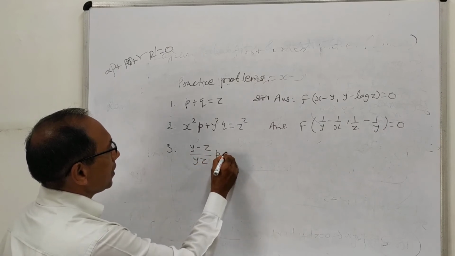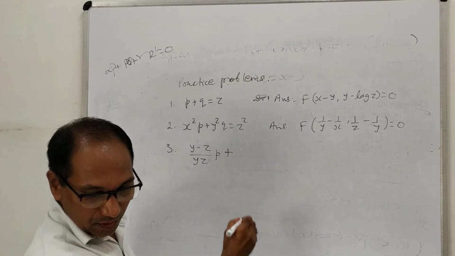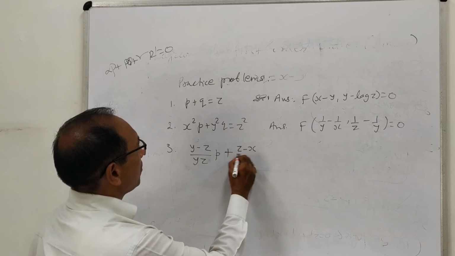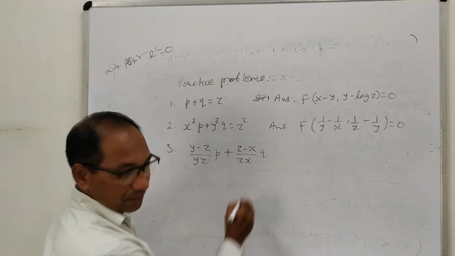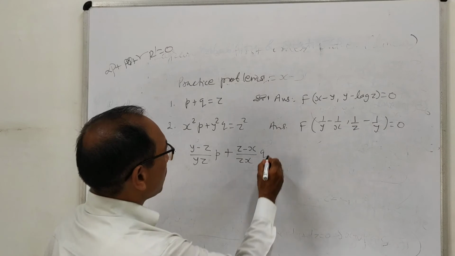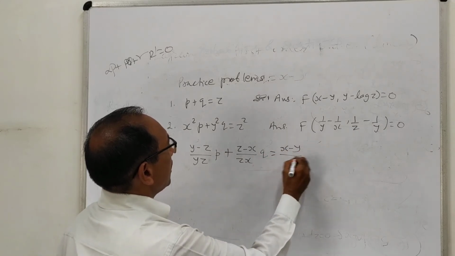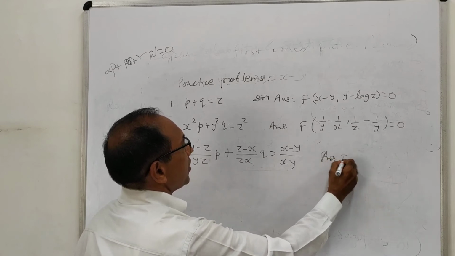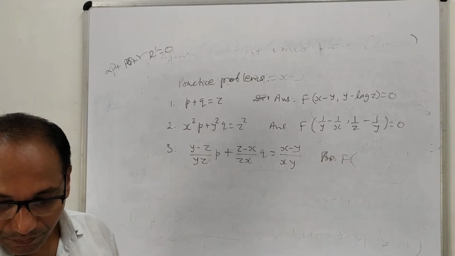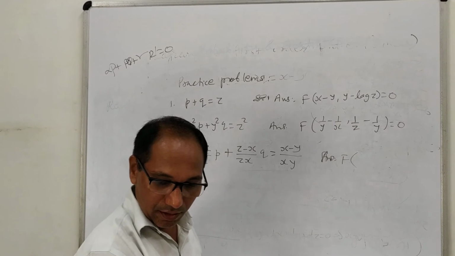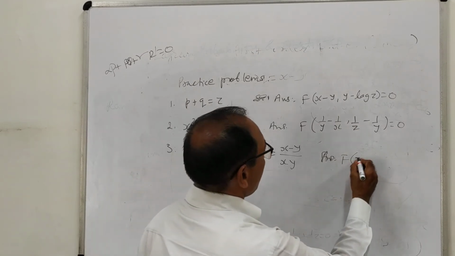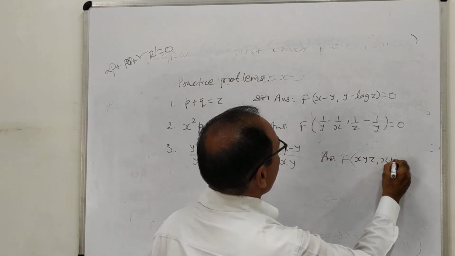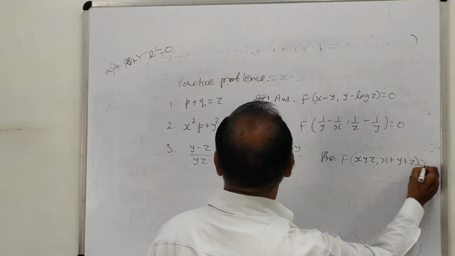into p plus z minus x upon zx into q equal to x minus y upon xy, and its answer is capital F of xyz comma x plus y plus z equal to 0.